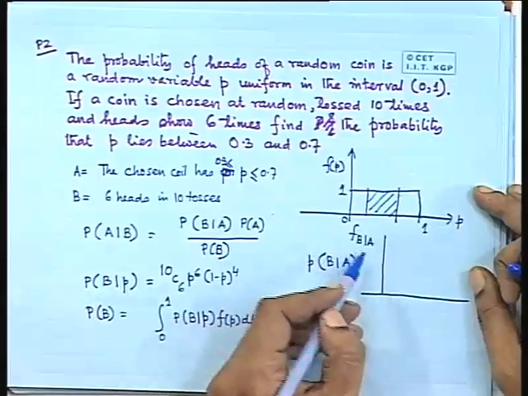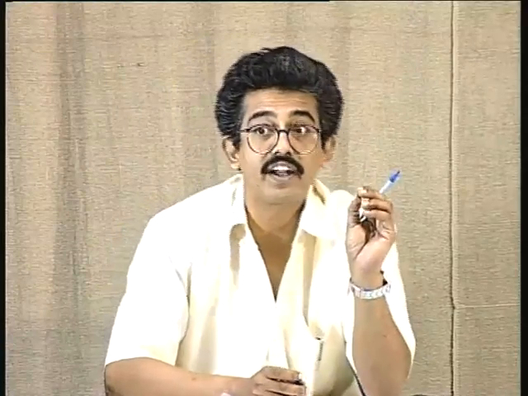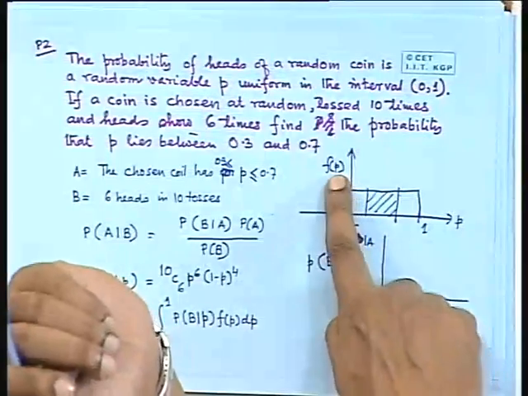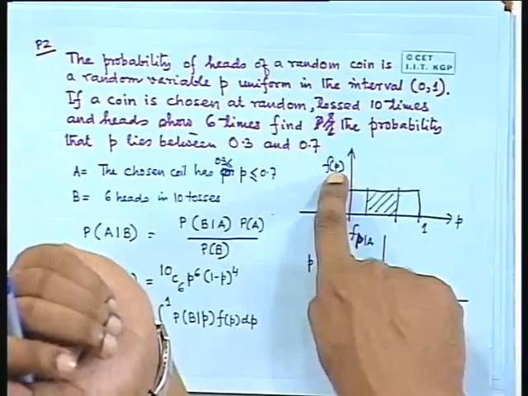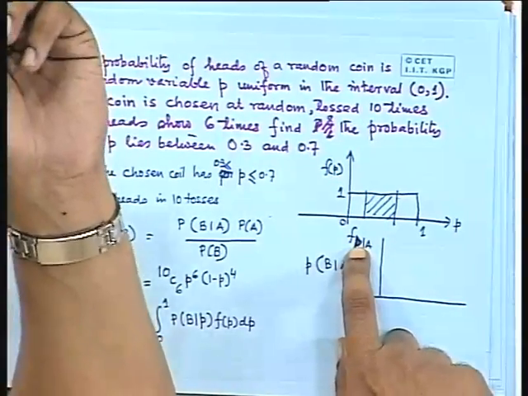Or rather, this is not f of B given A, this is f of P given A. What is the probability density function of P, but given that P lies between 0.3 and 0.7? The ordinary probability density function of P is nothing given, it could be anywhere. But now, what is the probability density function of P given that they all lie between 0.3 and 0.7, that is, if you can characterize the probability density function of that small heap.